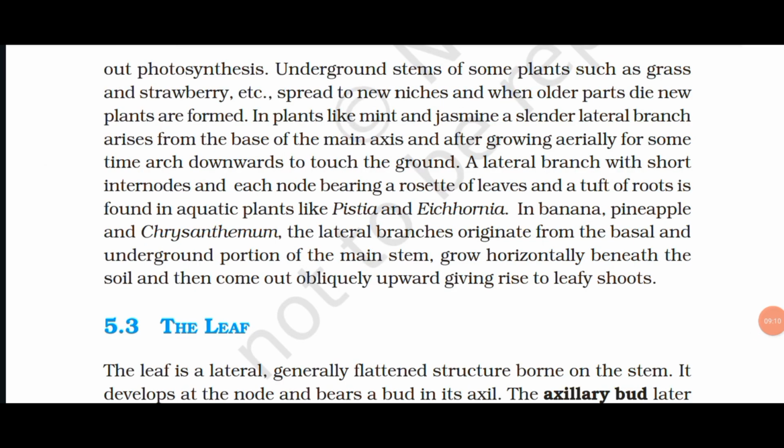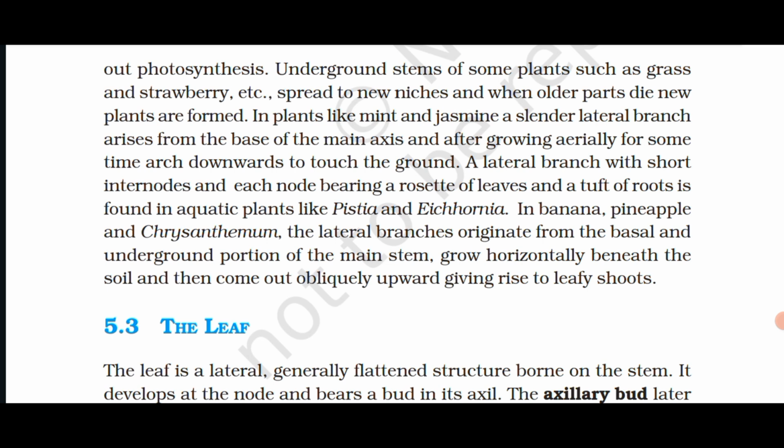The underground stems of some plants such as grass and strawberry, etc., spread to new niches, and when older parts die, new plants are formed. In plants like mint and jasmine, a slender lateral branch arises from the base of the main axis and after growing aerially for some time arches downwards to touch the ground.